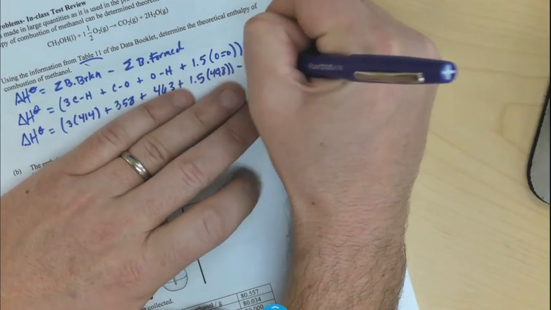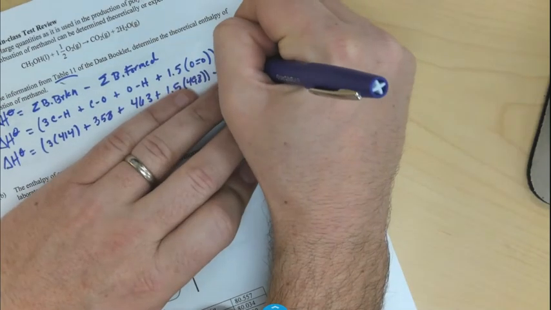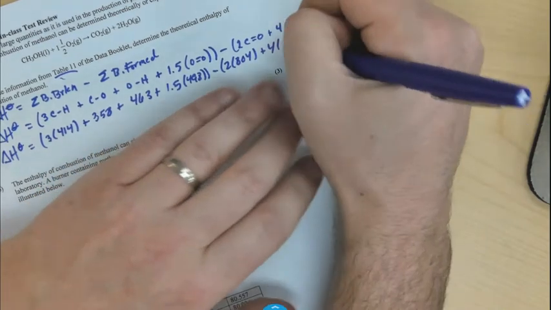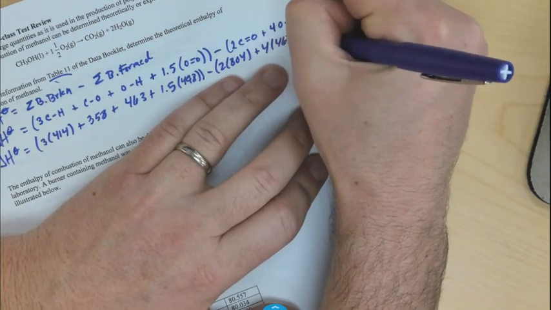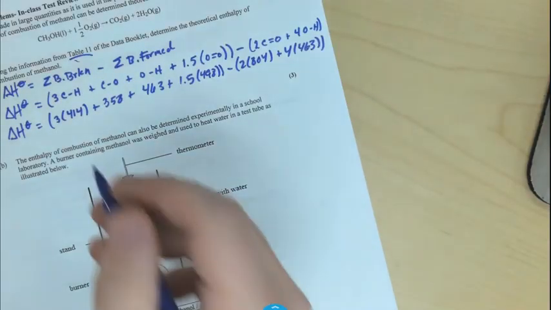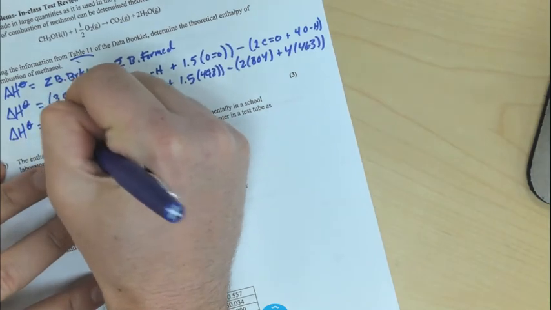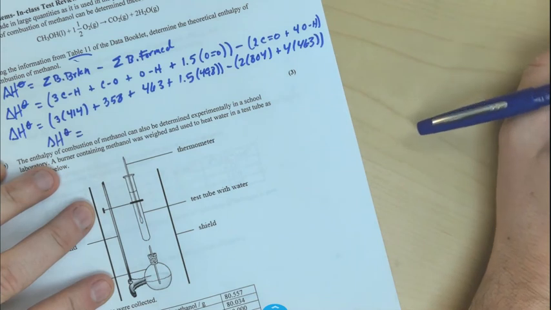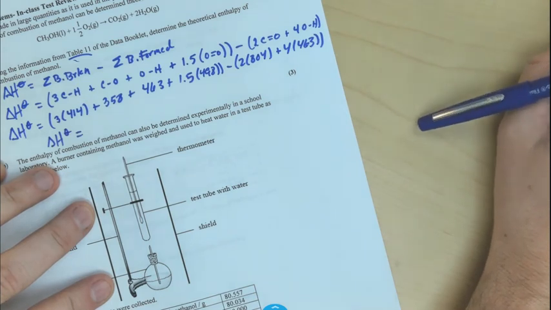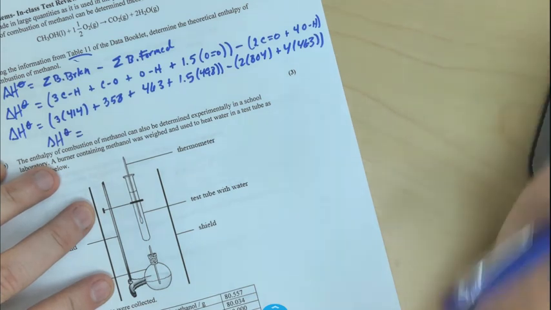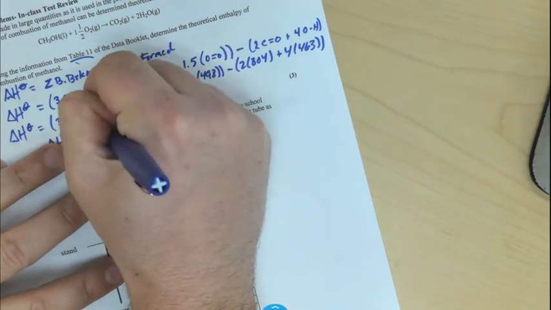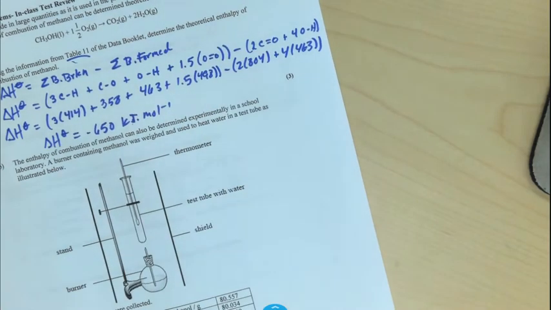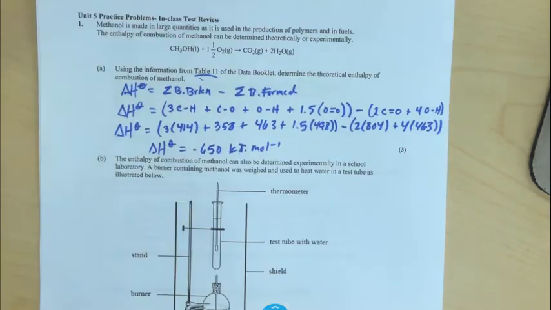Then I'm going to subtract away 2 times the carbon-oxygen double bond, which is 804, plus 4 times the oxygen-hydrogen, which is 463 from the previous factor. Now all you have to do is punch the numbers into your calculator, and in this case I'm just using the key for the final answers to save some time. You should get negative 650 kilojoules per mole. I'm going to switch to a marker that's a little bit fresher and newer.